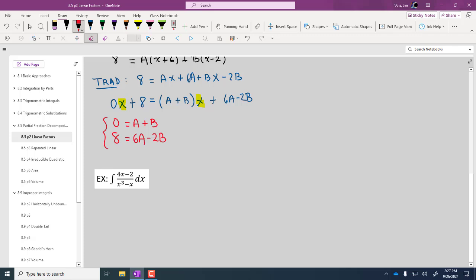So the traditional method uses the concept that two polynomials are equal if and only if their coefficients match. And then we go to either the elimination or the substitution method down here, and we solve for a and b. Now let's first simplify this second equation. We can divide out the 2. So let's divide out a 2.